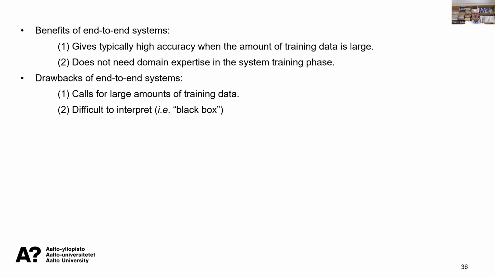And the problem, as I already told, for these end-to-end systems is that they call for a large amount of training data, but the issue which I'm personally very much not happy with is that they are very effective techniques, but they only give the decision, okay, the input signal was pathological or it was healthy. But clinicians and researchers might be more interested in understanding why this happened.